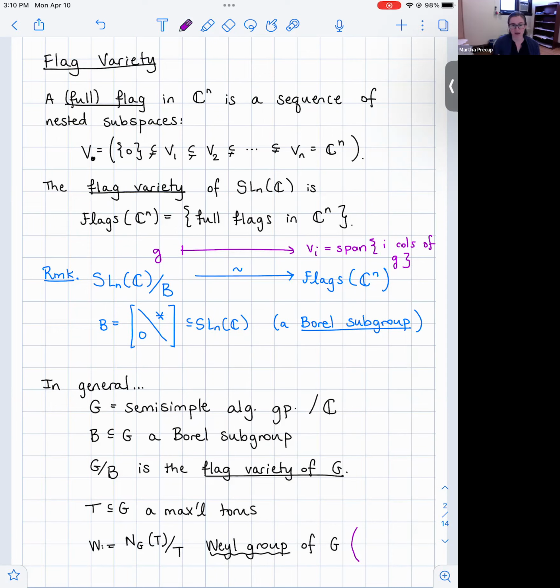So what would be the Weyl group in the situation when I'm working with SLn in this type A situation? Well, T I could take to just be the diagonal matrices in SLn, diagonal matrices of determinant 1, and if I ask what's the normalizer mod T, we can see that we can identify W in that case with the symmetric group on n letters.